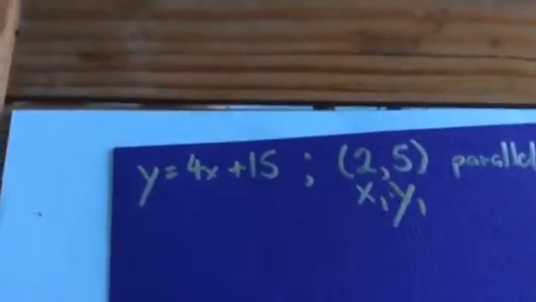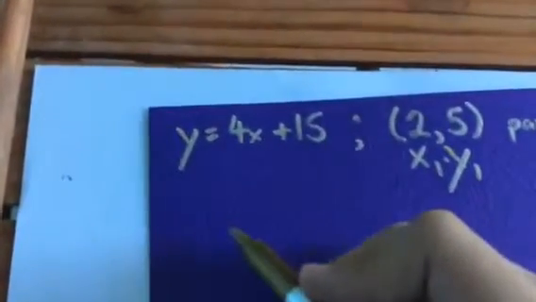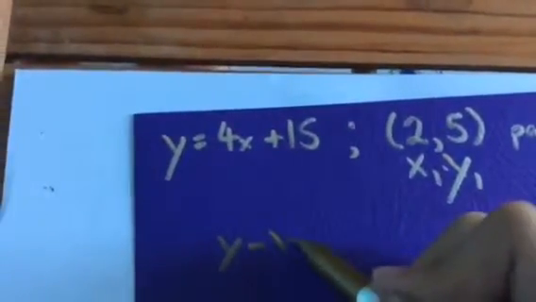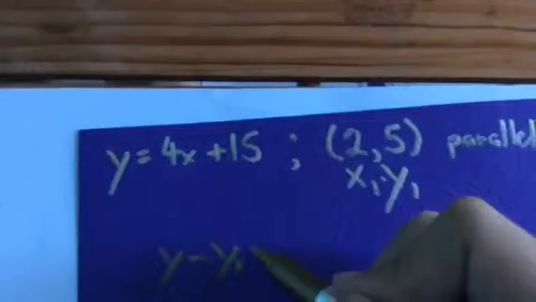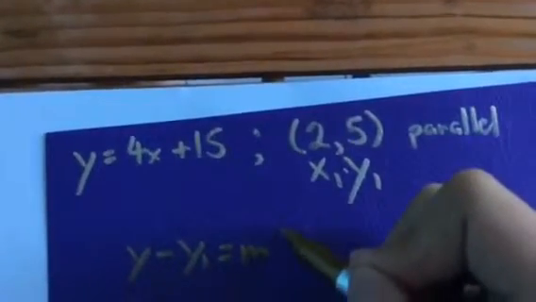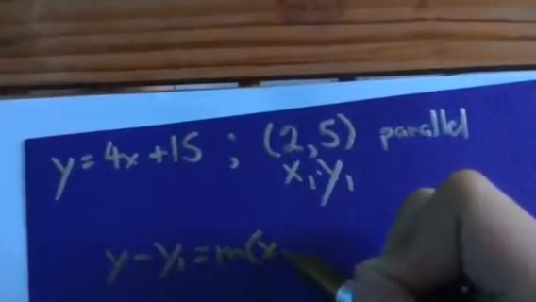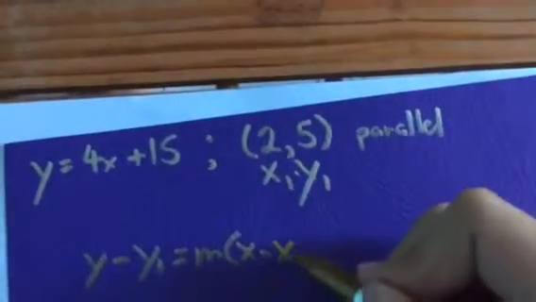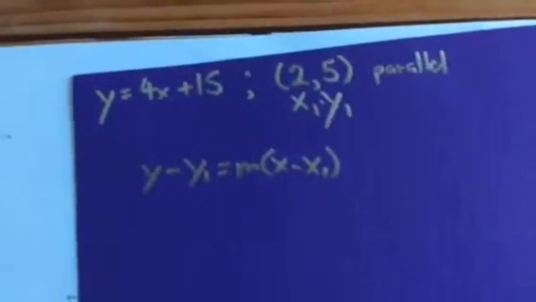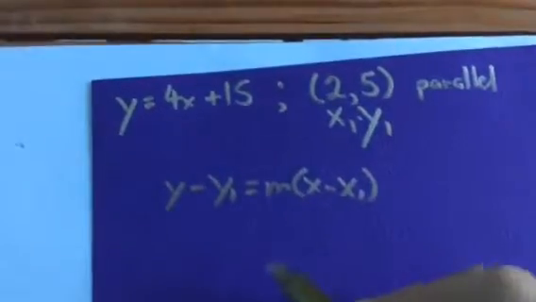So basically, the formula would look kinda like this. y minus y sub 1 equals m times x minus x sub 1. Now, as you can see, the values could already be substituted at this point.